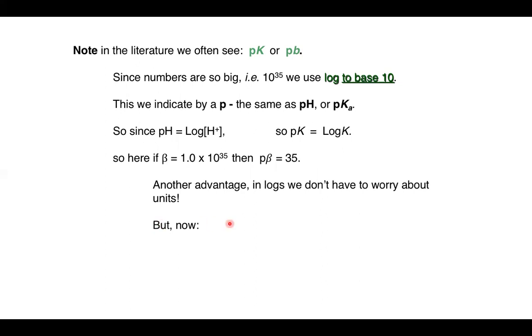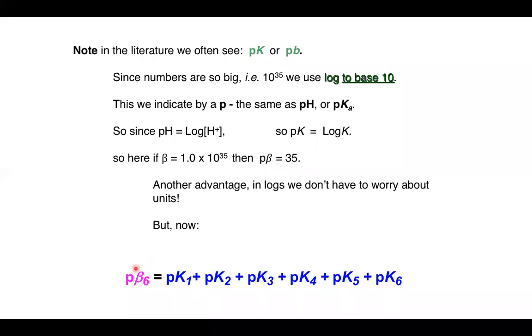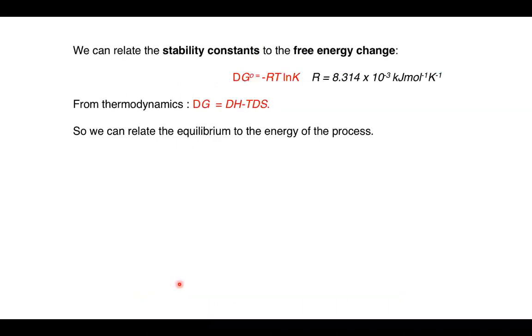Another advantage of this is we don't have to worry about the units, because whenever we take the log of something, it becomes unitless. And so the stability constant now is no longer the product of the individual K values if it's the P beta, but in fact the sum of each one of the pK values.